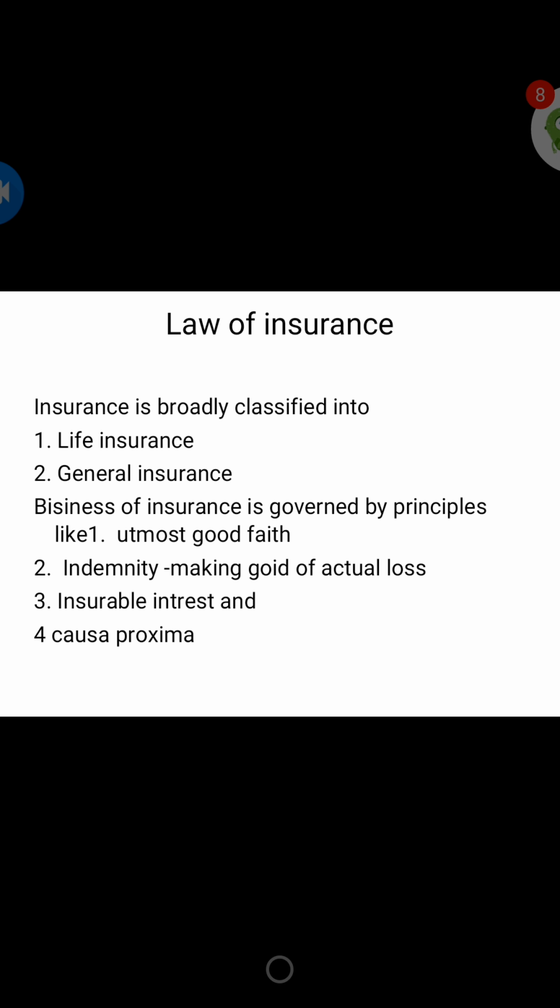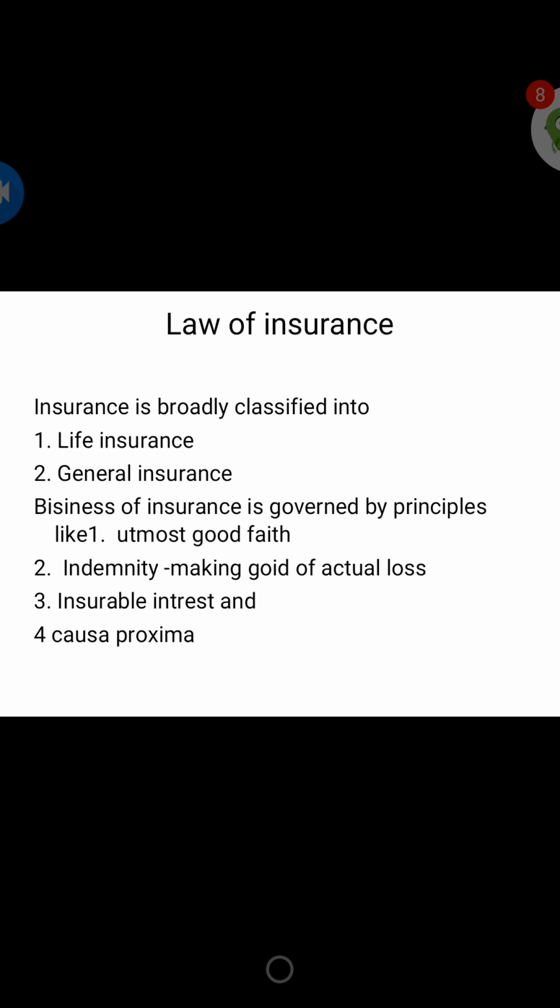The next is indemnity. We have already studied that indemnity is nothing but making good the actual loss. Indemnity means a guarantee or an assurance. Under this, the insurer agrees to compensate the insured for the actual loss which he has suffered.